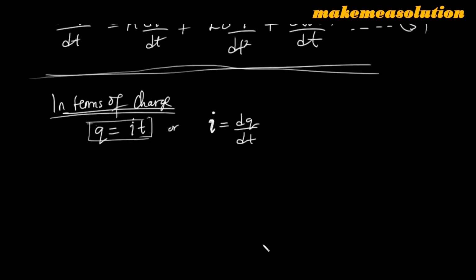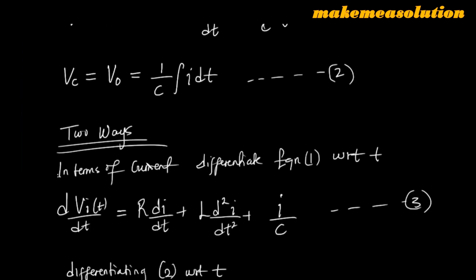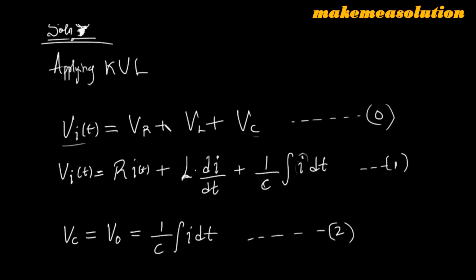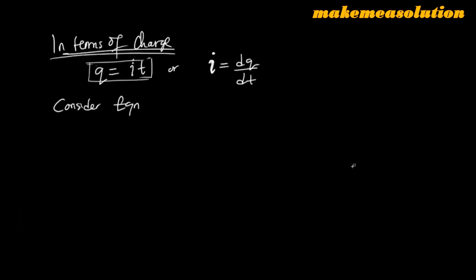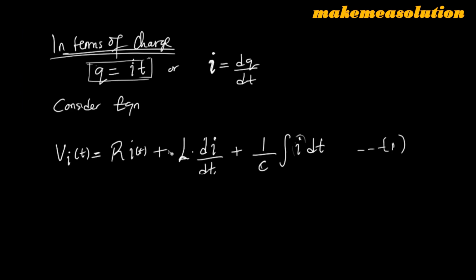So you need to consider equation. Which of the equations are we considering? Consider this particular one over here. I'm going to copy it and I'm going to paste it.